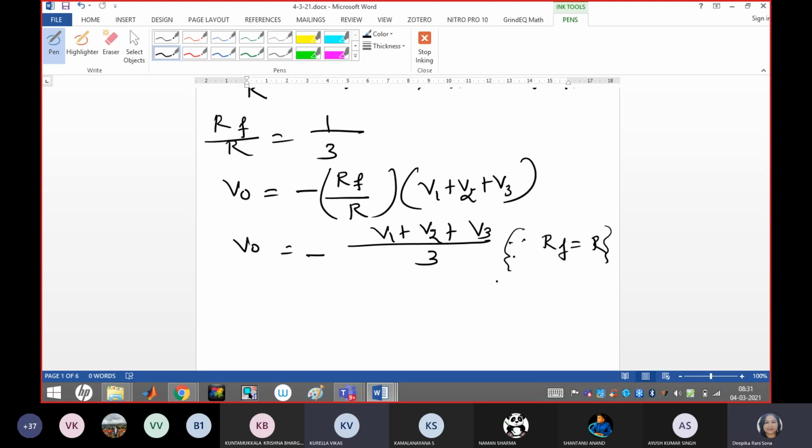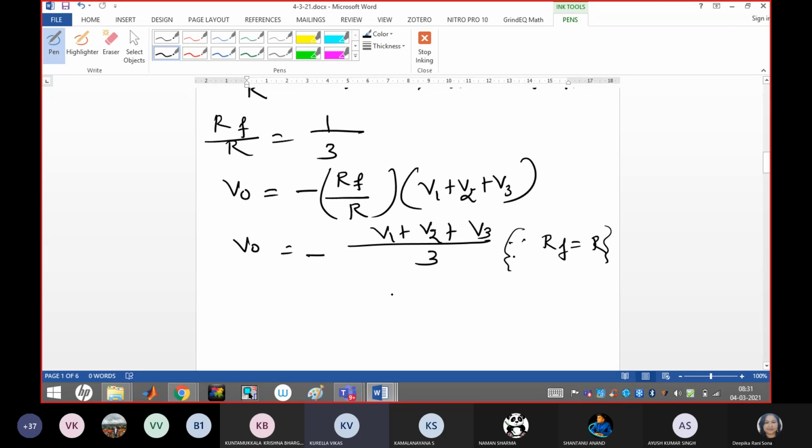We have taken the average of all the input voltages taken together. Ma'am, not in averaging amplifier, in scaling amplifier. Not sampling, scaling. Yes, ma'am, scaling amplifier. What is the difference between the two? I'm not getting it. Both are speaking and it is noisy for me.